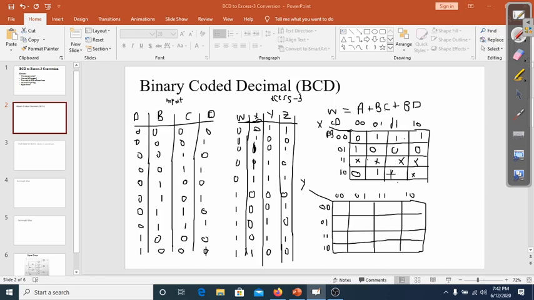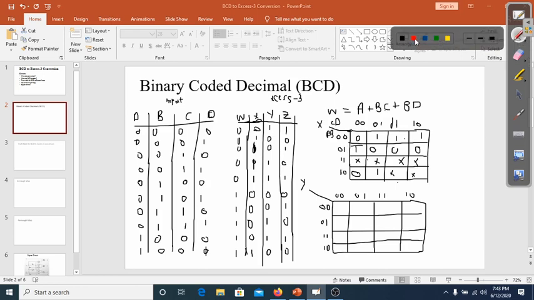Now we can simplify this Karnaugh map. Let me change to a different color.